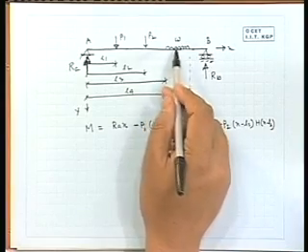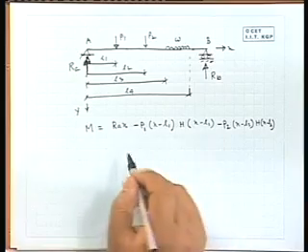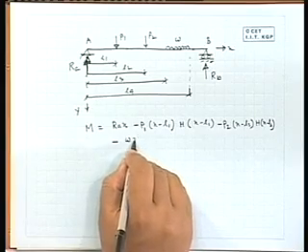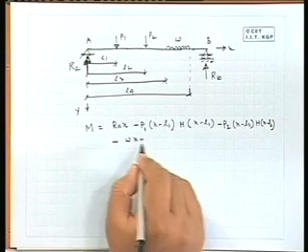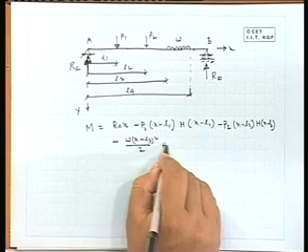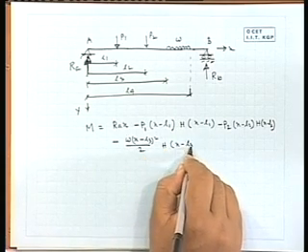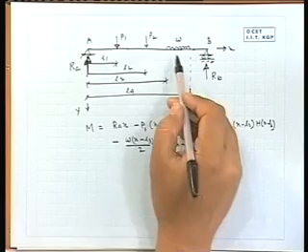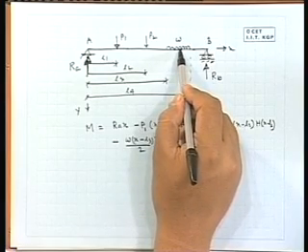Now, this part is also coming if we cross your L3, right. So, it will be minus omega into X minus L3 square divided by 2, times H of X minus L3. So, if we cross this L3 and reach here, the effect of that load will come and the intensity of the load is this one.